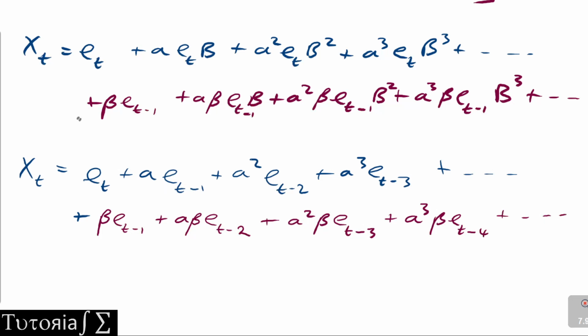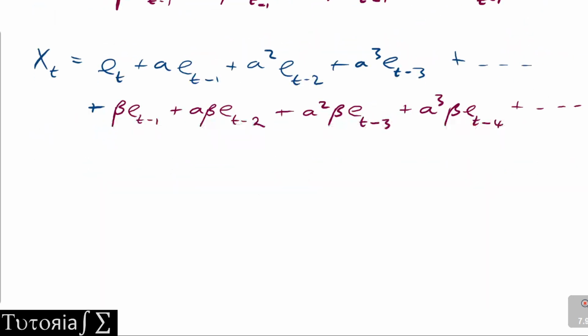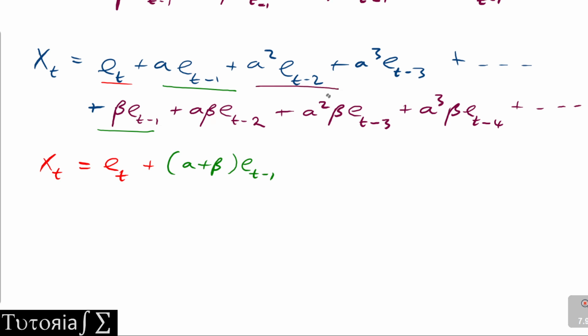Okay, so here we can now group terms. x_t is now equal to, so this has no term similar to it, so that is just e_t, plus we have this and this can be grouped, and we can factor out e_{t-1}. So what we're going to have is (a plus beta) e_{t-1}. Same applies to this part and this part, which can be grouped, and we can factor out e_{t-2}.